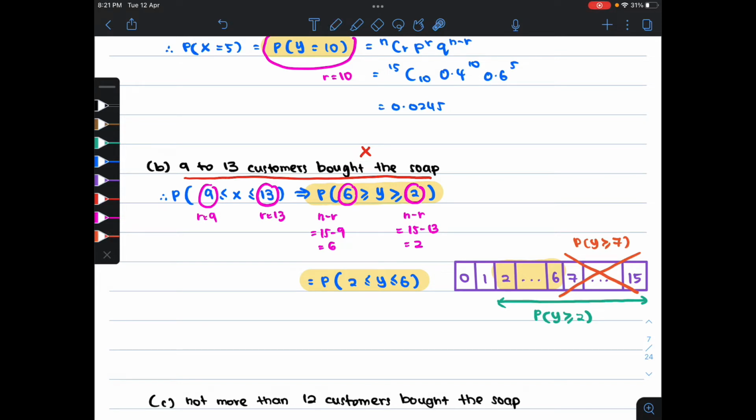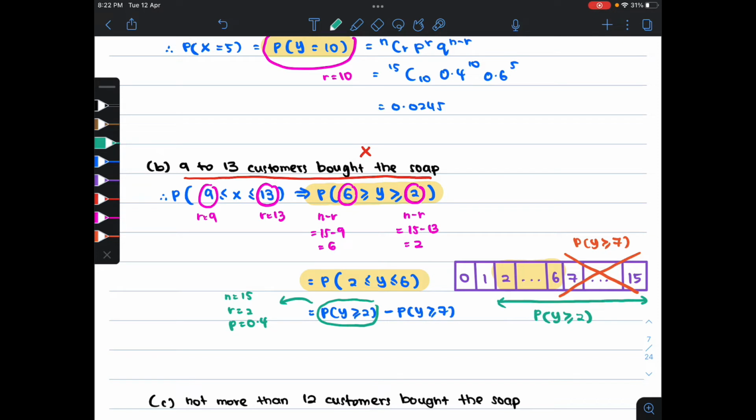So please remember that now we're using event Y. And that is why here we're also using the event Y. And hence we will get P(Y more or equal to 2) minus P(Y more or equal to 7). So for P(Y more or equal to 2), N is 15, our new R is 2 and our new P is 0.4.